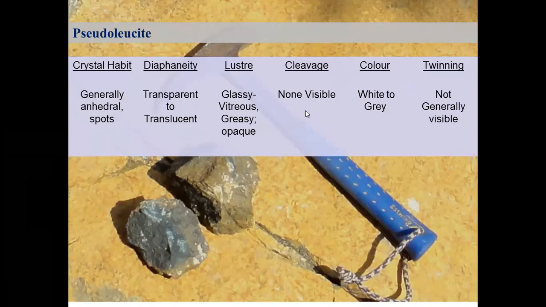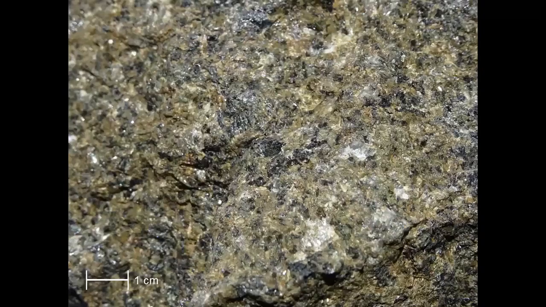You won't find any cleavage. You won't find twinning generally, because the crystals aren't developed well enough for that. The colour is white to grey, and that's a rundown of pseudoleucite. That's another one of the feldspathoids.